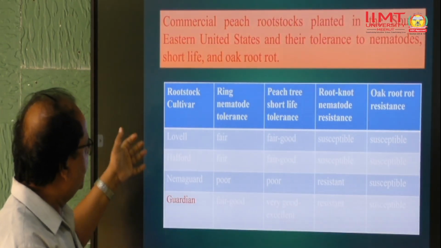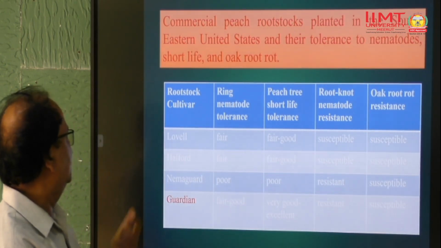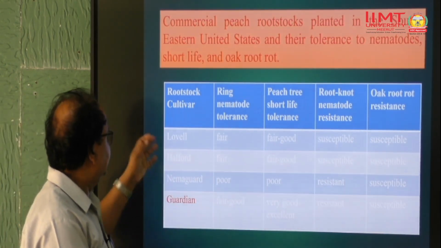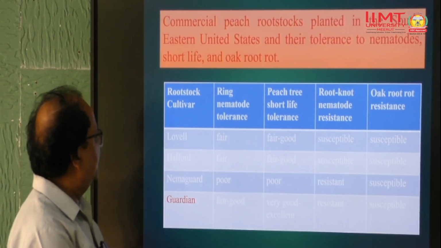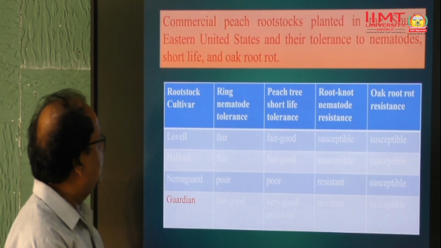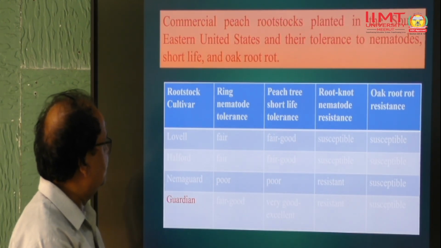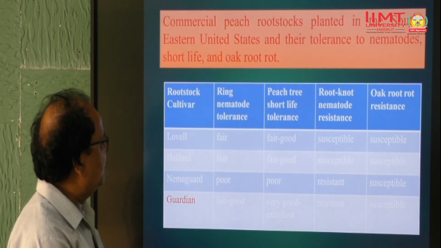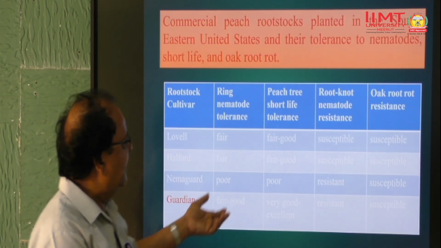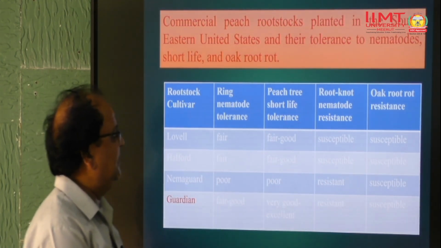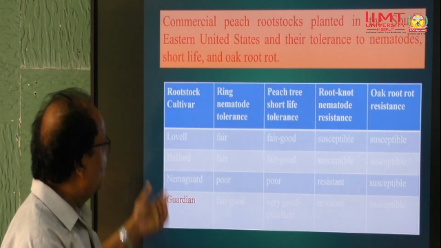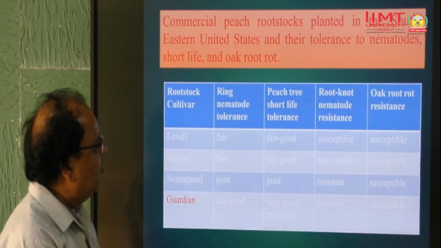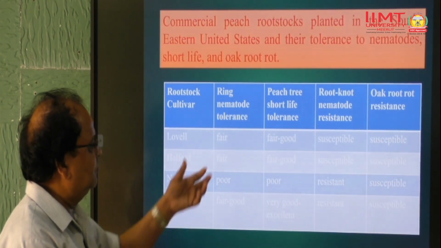Some important rootstocks to use in peach cultivation: Lovell is fair for nematode tolerance. Peach tree short life tolerance is fair to good, root knot nematode resistance is susceptible for the Lovell rootstock, and oak root rot resistance is susceptible.